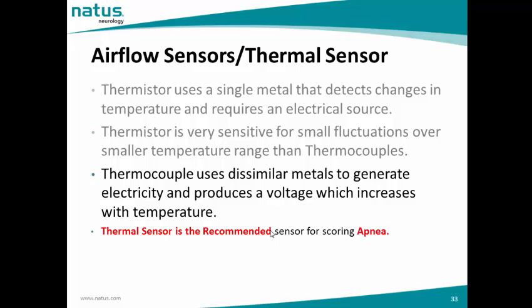And because of this point, thermistors are more commonly and widely used rather than the thermocouples. Thermocouple uses dissimilar metals to generate electricity and produces a voltage which increases with temperature. Thermal sensor is the recommended sensor for scoring apnea.